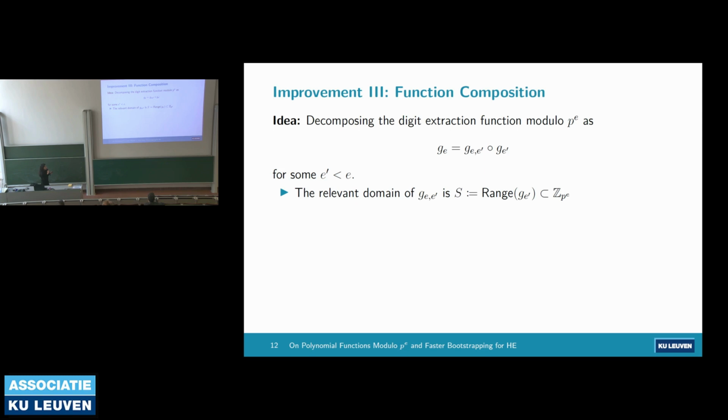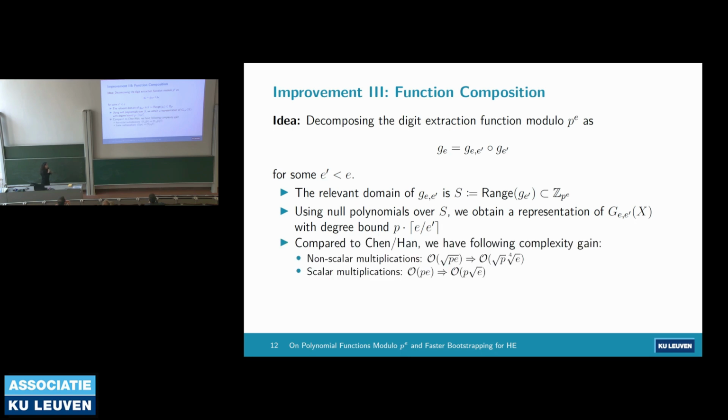Step 2, we consider the function g modulo the original large p to the power of e, but the relevant domain is the range of step 1, which is a subset of the integers modulo p to the power of e. Over this subset, there will be more null polynomials than over the whole set. Therefore, using the null polynomials over the subset, we can obtain a representation for the function in the second stage of much lower degree.